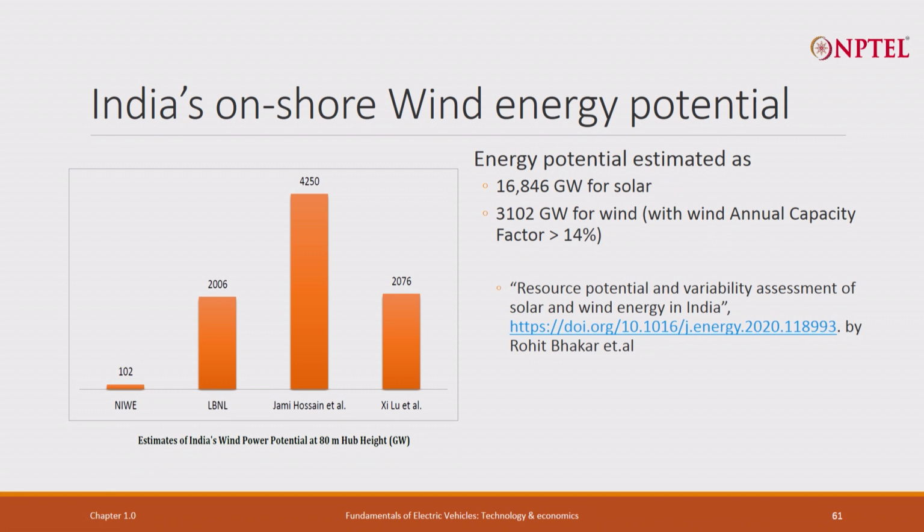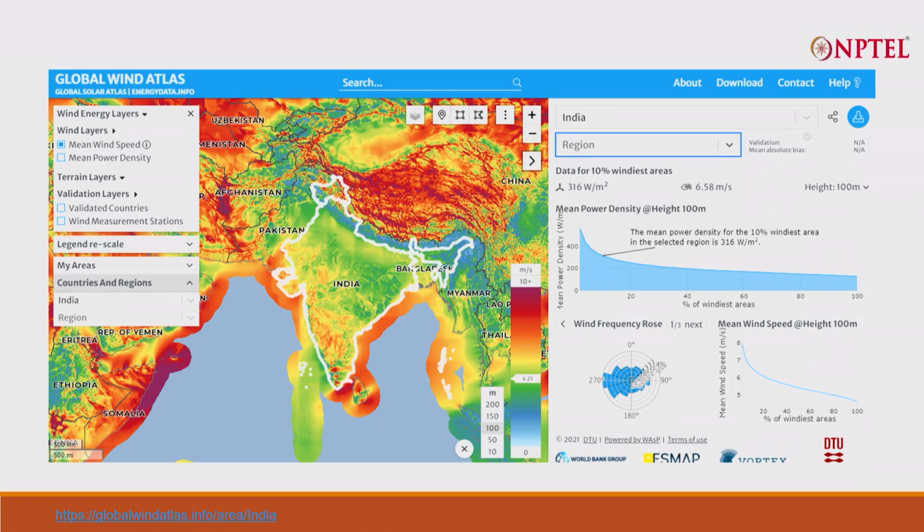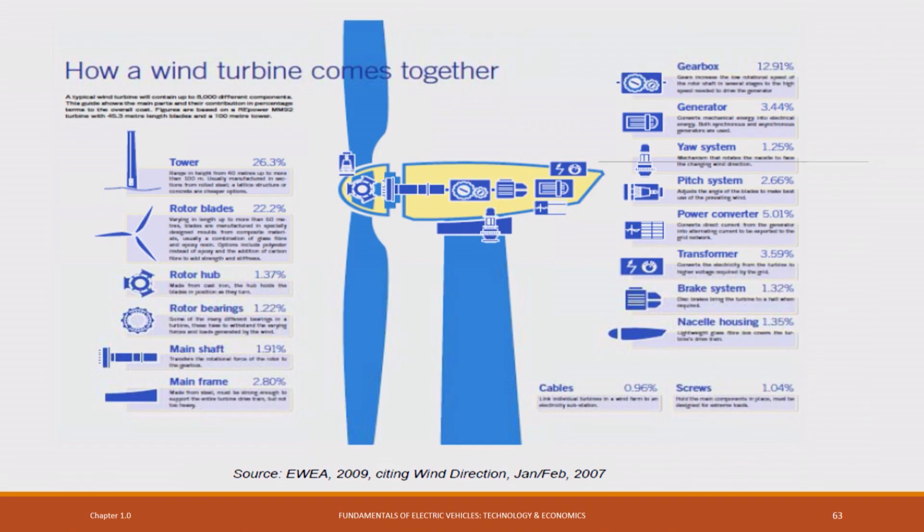So, we have huge capacity, not just 20,000 gigawatt, I will say higher than that. That work continues, I do not think that we need to worry about it, and there is a very good global wind atlas available. You can just search global solar atlas or global wind atlas, it will tell you how much wind is produced and what will be the area that can be used.